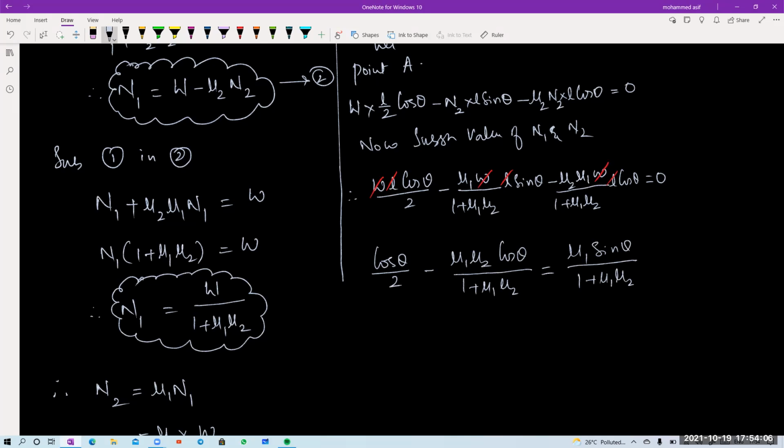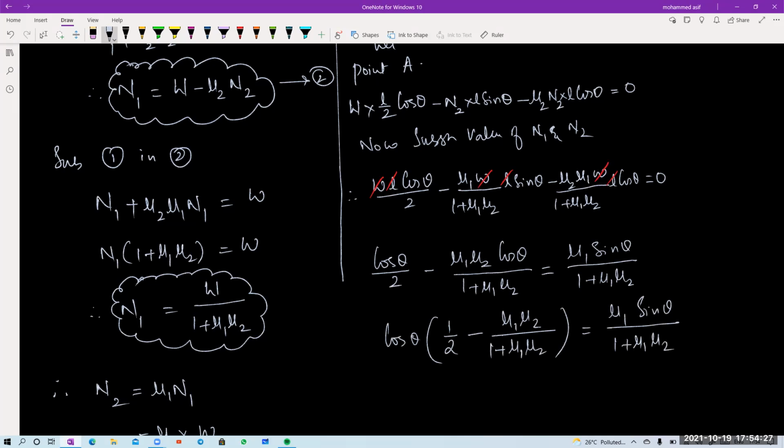So cos theta I can take common here. So this will become cos theta common into 1 by 2 minus mu1 into mu2 divided by 1 plus mu1 into mu2 is equal to mu1 into sine theta divided by 1 plus mu1 into mu2.